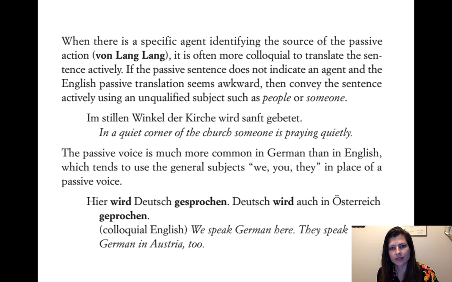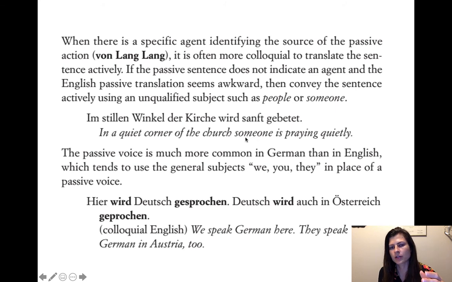Sanft is more like gently, it is prayed gently or quietly, I guess. So it's like it is being prayed in the corner of the church, but that doesn't really sound good in English. So you just say someone.